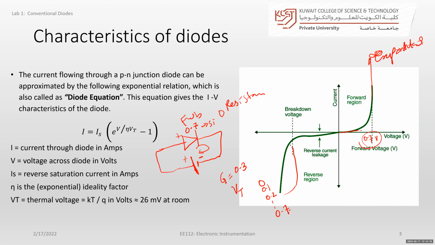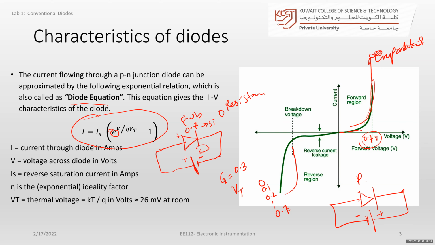Yes. So this is the diode equation when it is forward biased. The e means exponential, meaning the current flow is exponential. That's why this equation has this exponential function. And when I connect this diode with negative here, positive, negative, now it is reverse bias, and the resistance is infinity, so almost zero current flows.